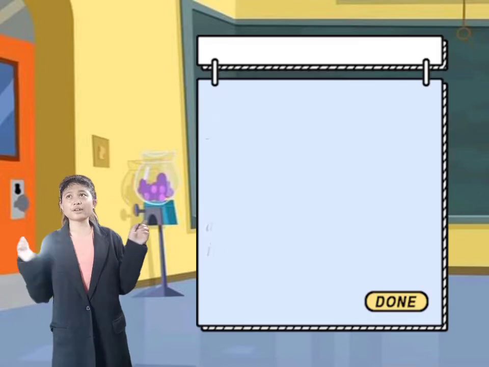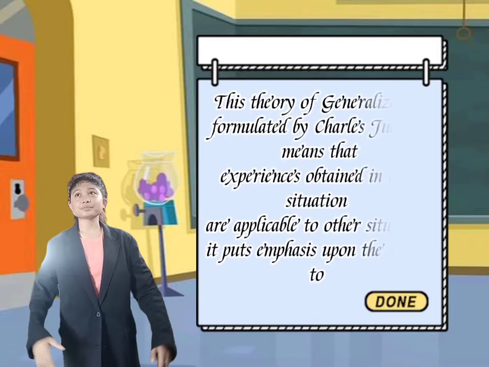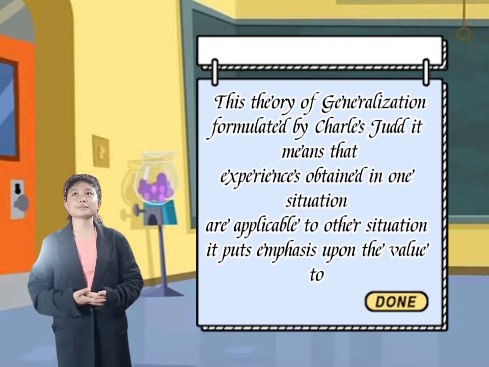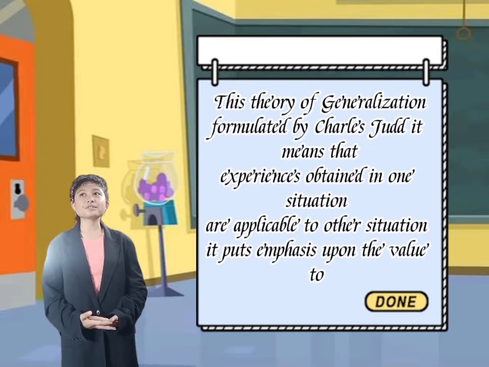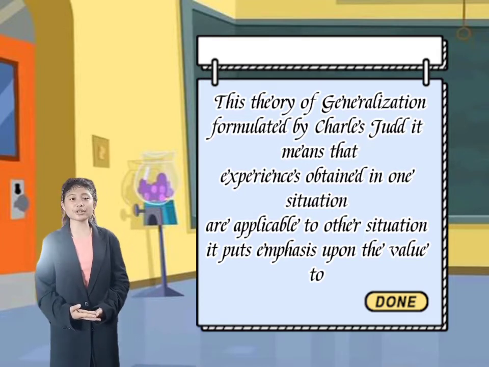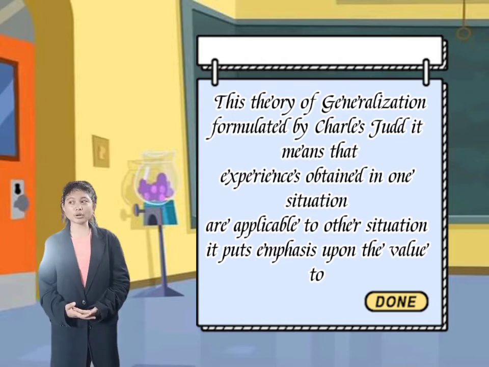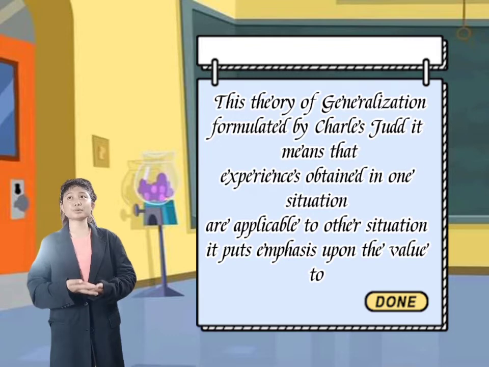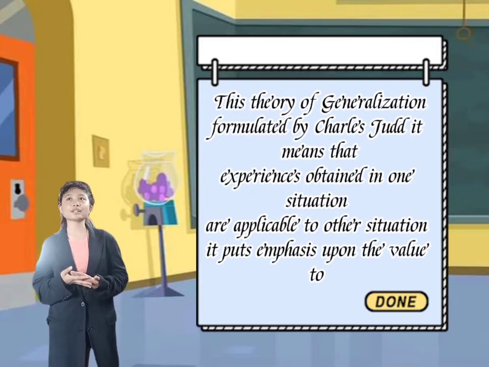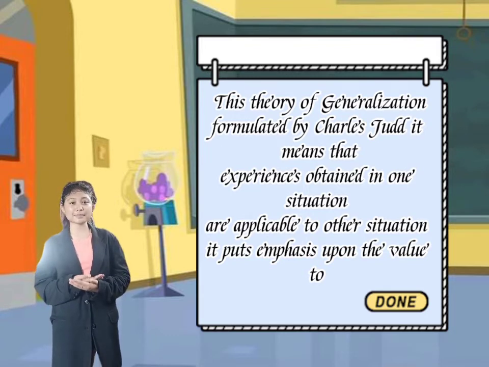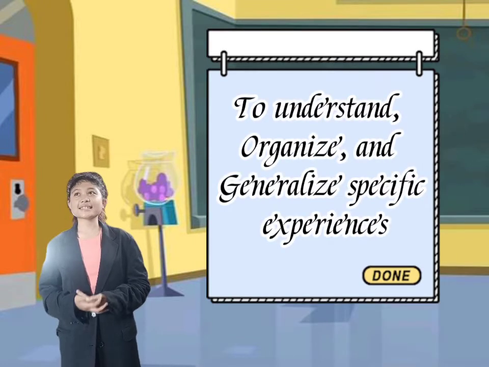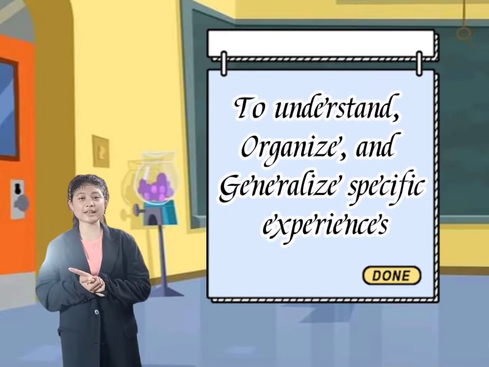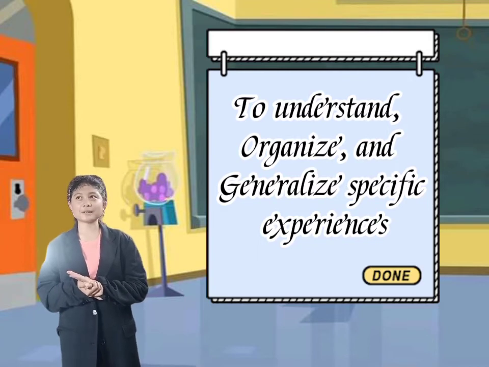So this theory of generalization, formulated by Charles Judd, means that experiences obtained in one situation are applicable to another situation. It puts emphasis upon the value of understanding, organizing, and generalizing specific experiences.